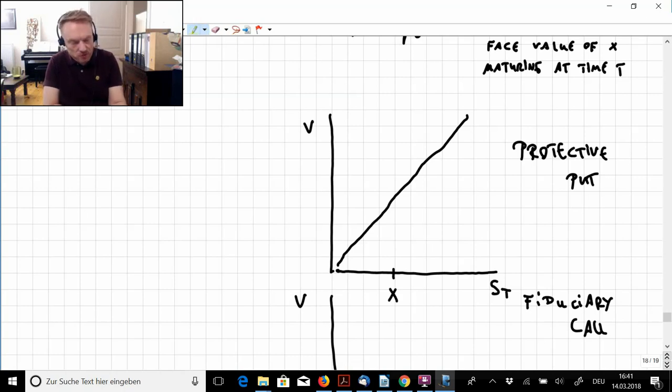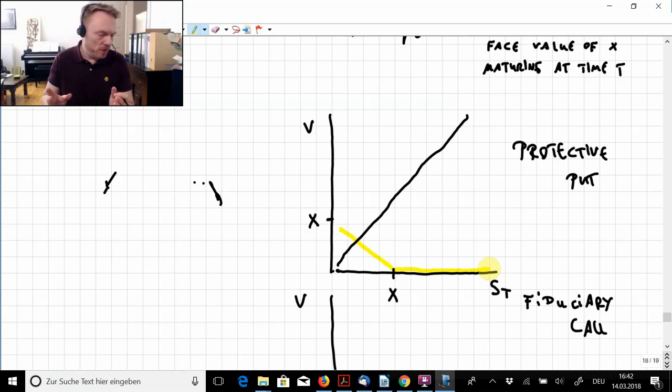If this is X here, let's just draw the line here and draw the line there, and this is the value of the long put. We buy the right. The holder has the right, not the obligation, to sell the underlying asset, which is most commonly a share.